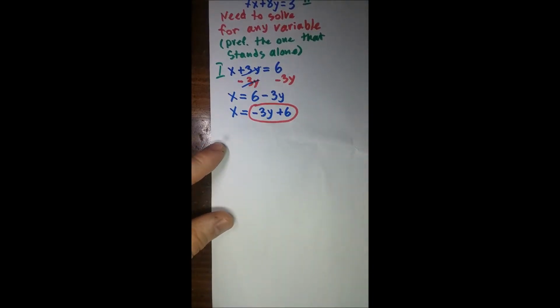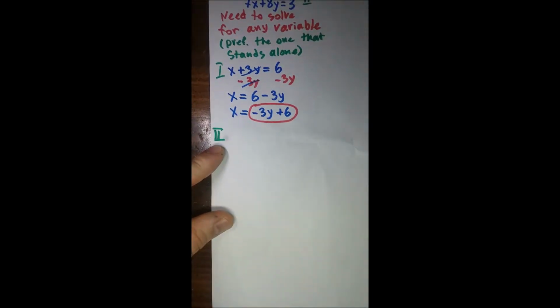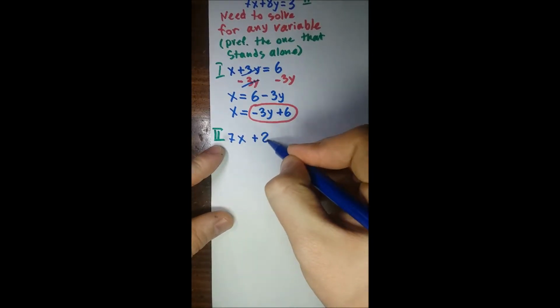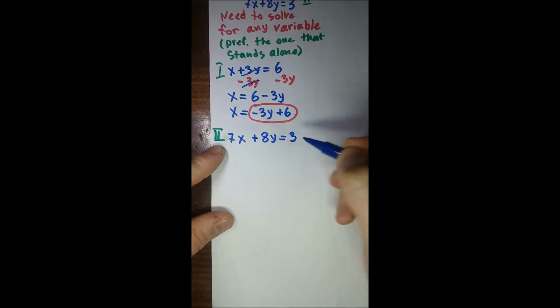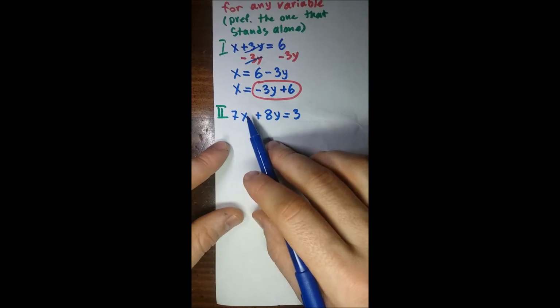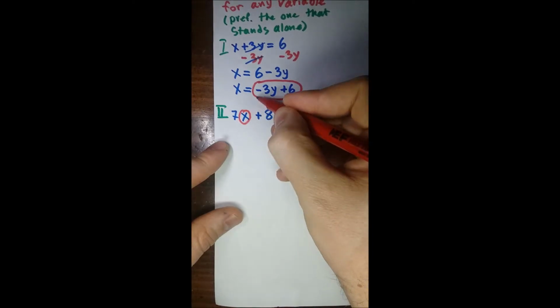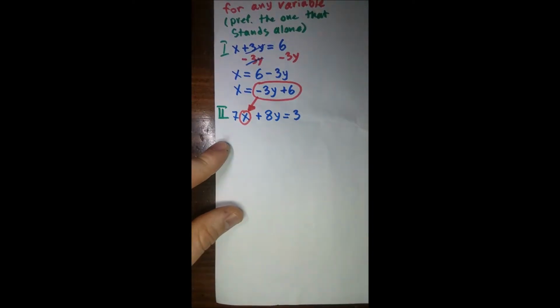Now, what we can do is write down our second equation, and that goes how? 7x plus 8y equals 3. Now, instead of this x, guess what we're going to put? That's right. We're going to put whatever we discovered x was.